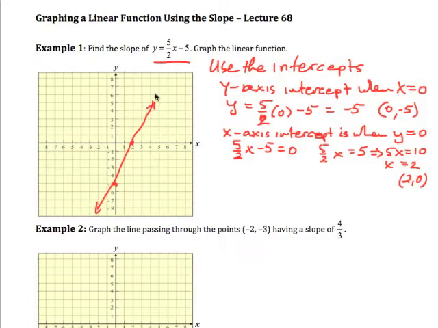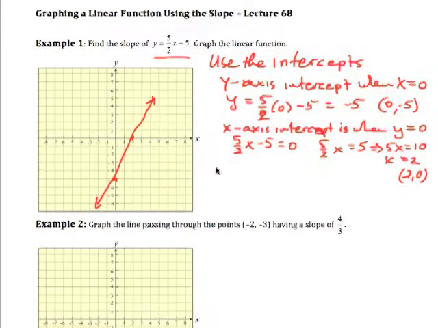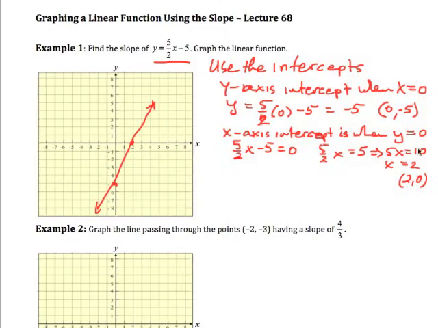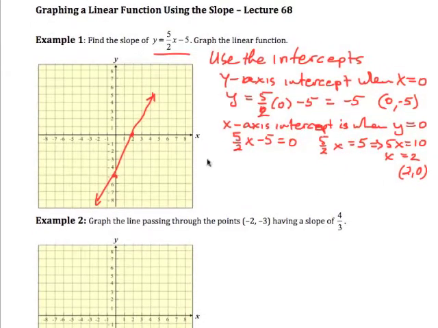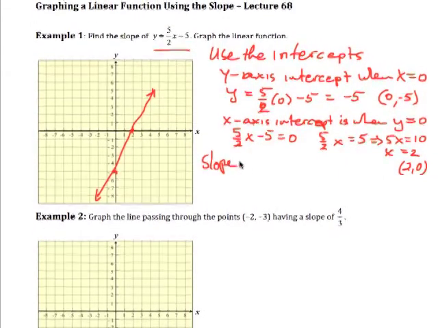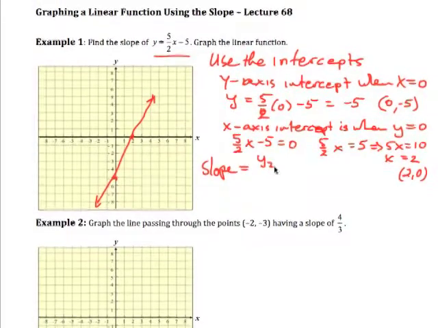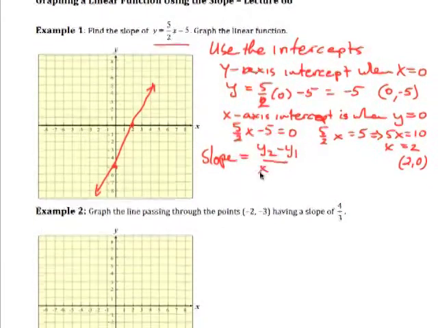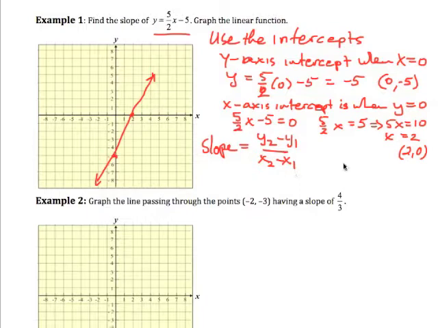Now we'd like to look at the slope of this and see how that relates to this particular graph. So if we look at the slope, we have 2 points now. Notice we have 2 points here. So the slope is actually given by y2 minus y1 over x2 minus x1.